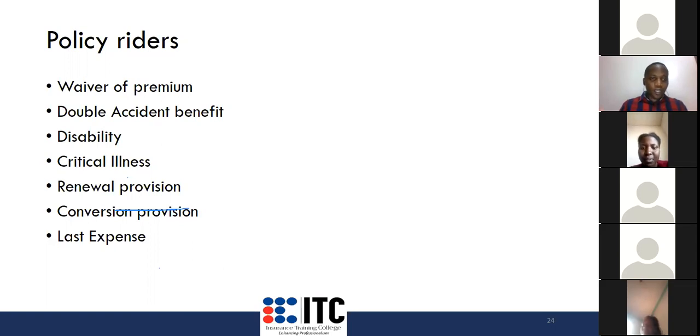And then say, what can we do with this whole life to tweak it to the needs of our clients? We can have a waiver of premium on disability, a double accident benefit, a disability benefit, a critical illness renewal provision, conversion, and last expense. Now, what you're adding is a savings element that pays out as a rider.